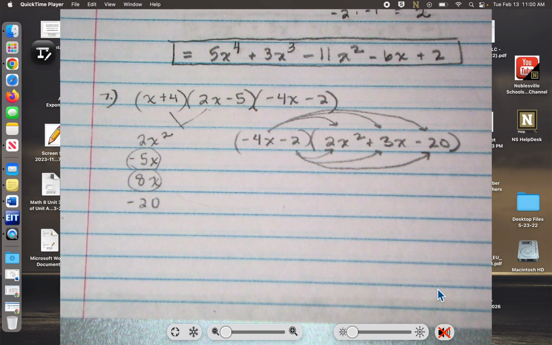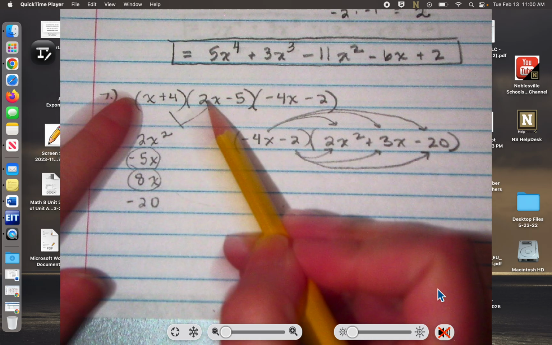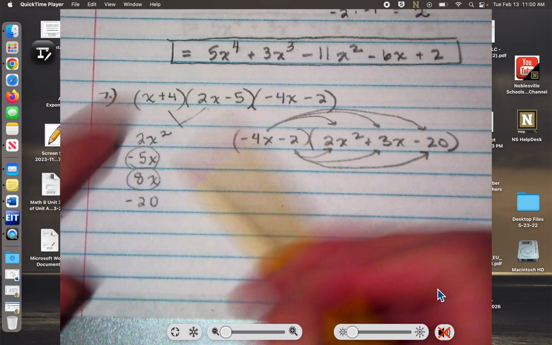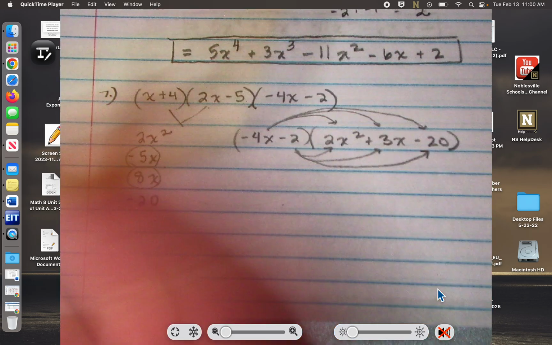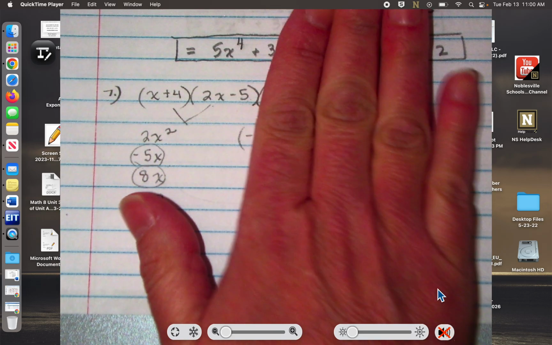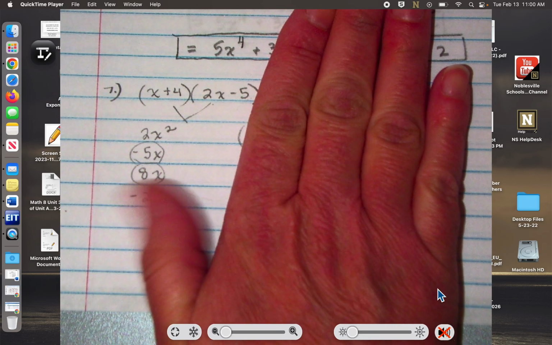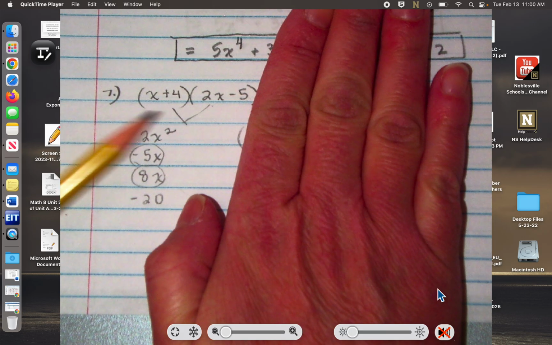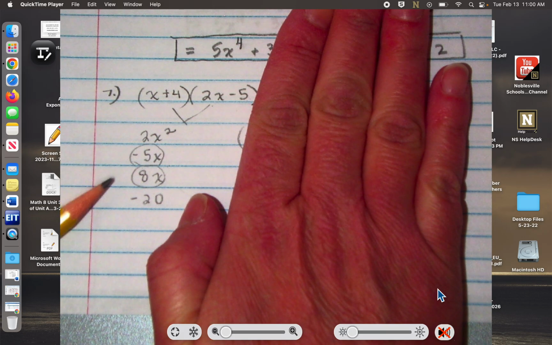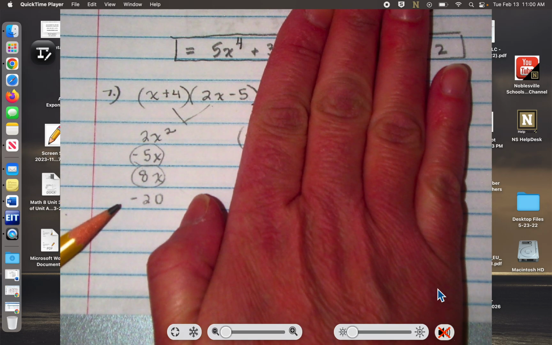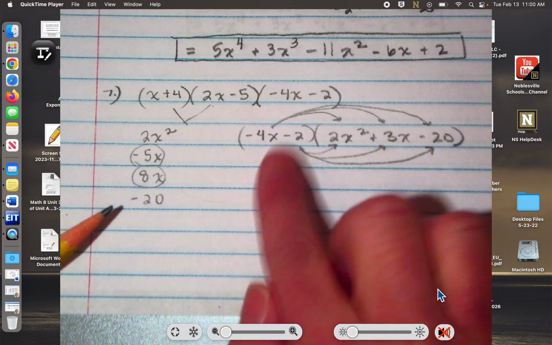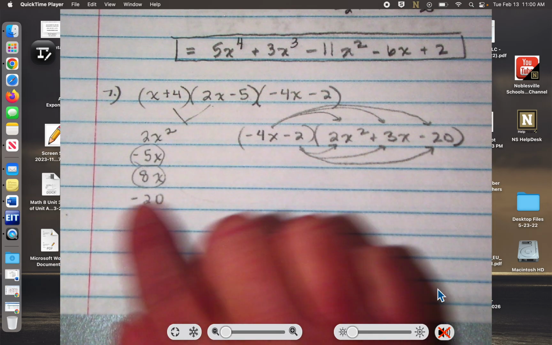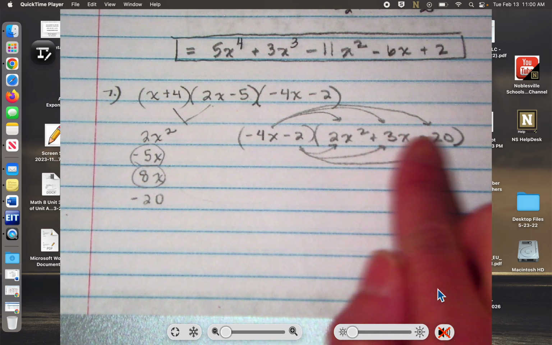I just, in my head, I was like, I'm going to multiply the first, and I got this. So I ignored this third quantity, and I FOILed these 2, right? First, outer, inner, last. And then I brought this third quantity down, and then I combined these where I needed to, and I created this trinomial.